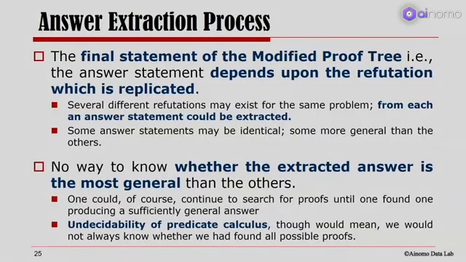This is because of the very fact that predicate calculus is undecidable. So, the undecidability of predicate calculus would mean that we would not always know whether we have found all possible proofs, but one could of course continue to search for proofs until one has found one producing a sufficiently general answer. So, this is what we have covered in answer extraction.